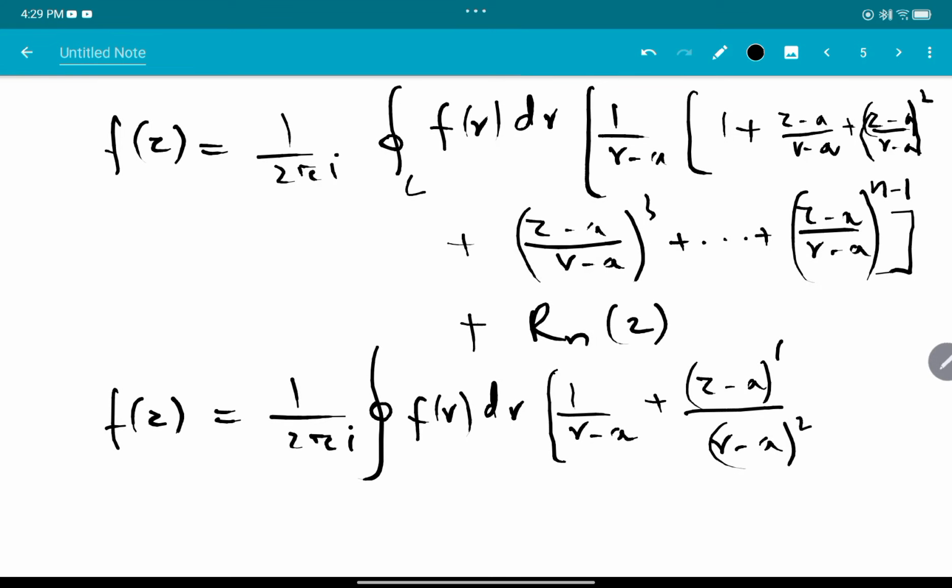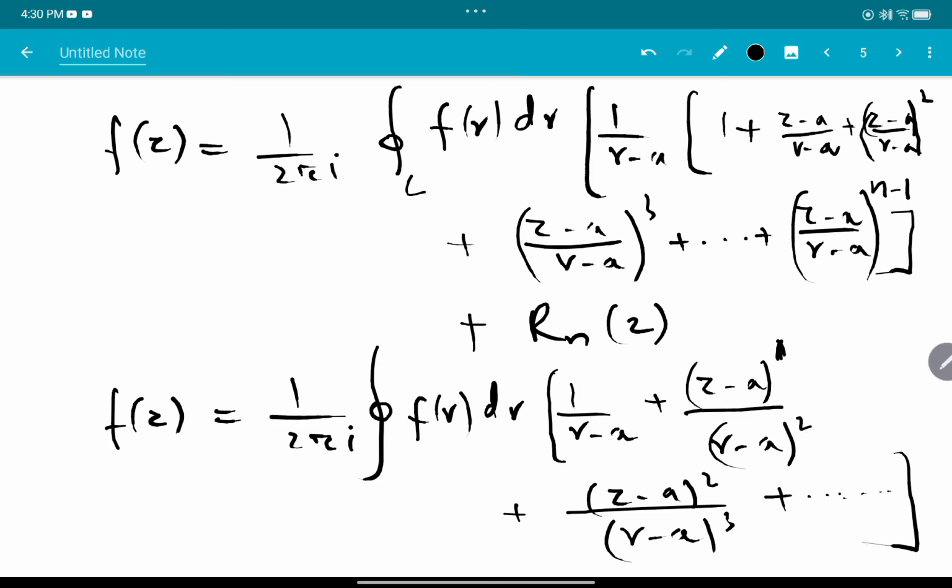Look at this. Because of this, the power of the denominator is 1 more than the power of the numerator. Plus (z minus a) squared divided by (gamma minus a) cubed, plus dot dot dot, plus similarly the nth term, and so on. You can think now yourself what it will be there.